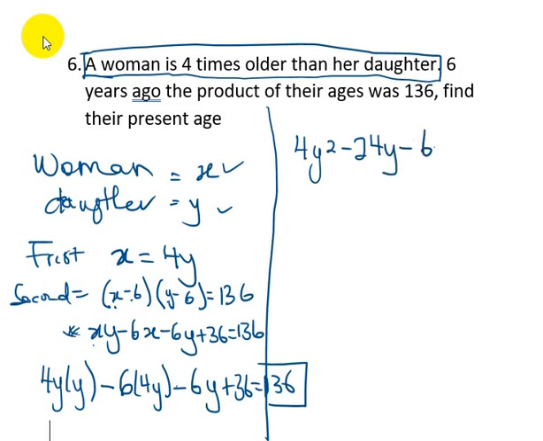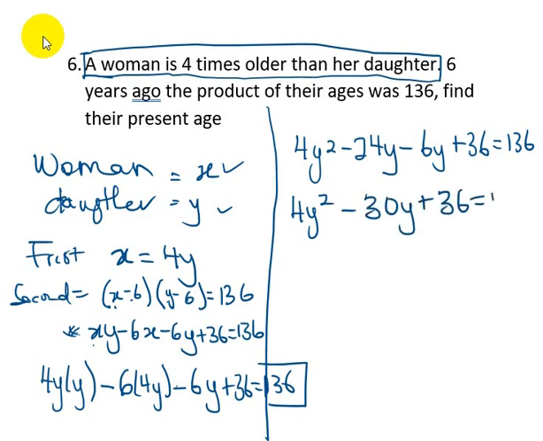Then minus 6y plus 36 equal to 136. We can still simplify. Now minus 24y minus y is going to give us 4y square minus 30y plus 36 being equal to 136.